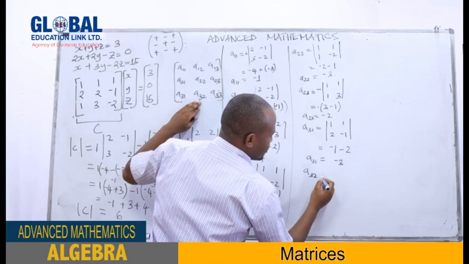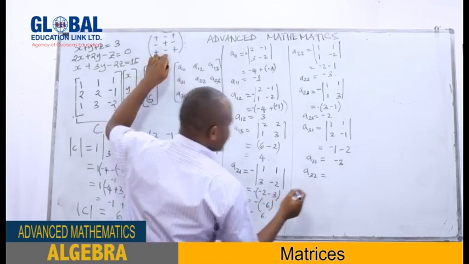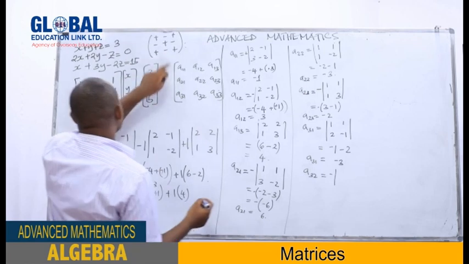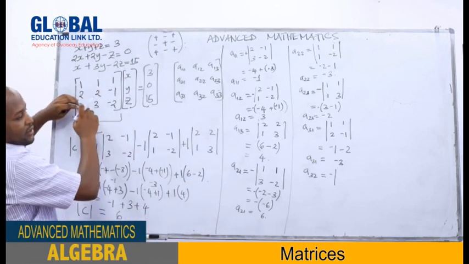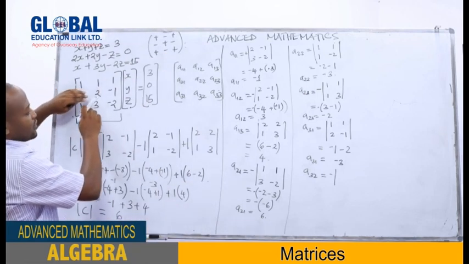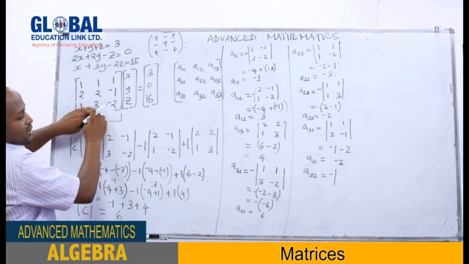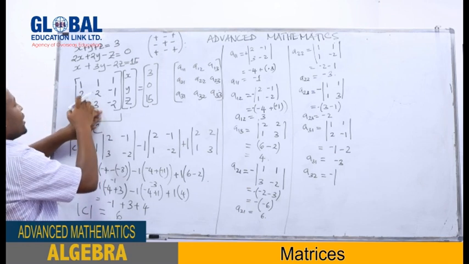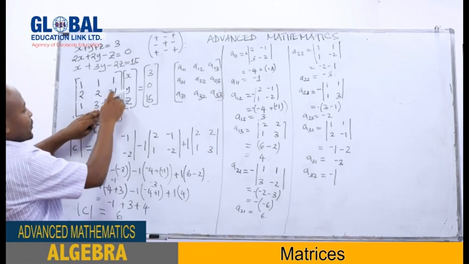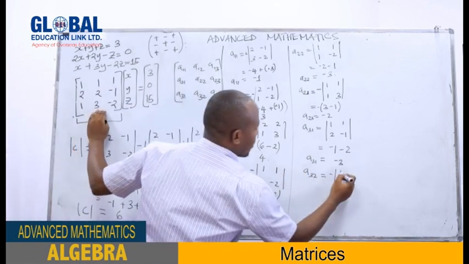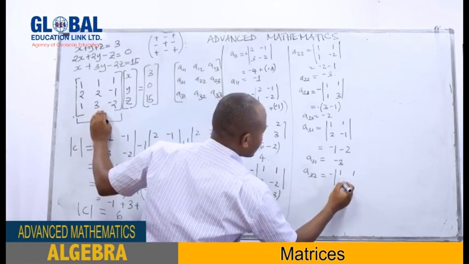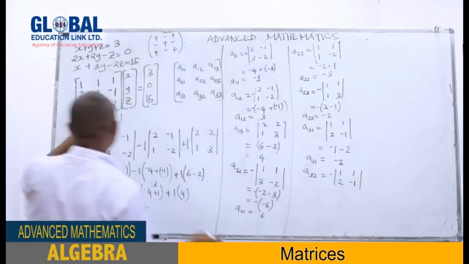And let's talk about A3, 2. That means the pattern says it is negative. Negative of what? Negative of a determinant of a 2 by 2 matrix. That means we are talking about that position, A2, 3. That means we are left with 1, 1, 2, negative 1.